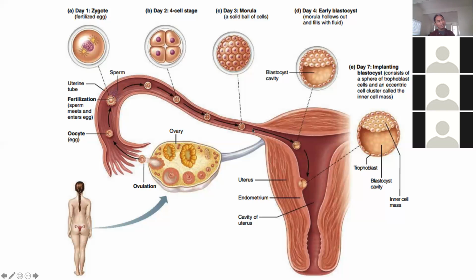And the uterus has 3 layers, guys. It is the endometrium. Look at the endometrium. And this is the muscle layer, the myometrium. And the outermost layer, which is the serosa. So the uterus has 3 layers.